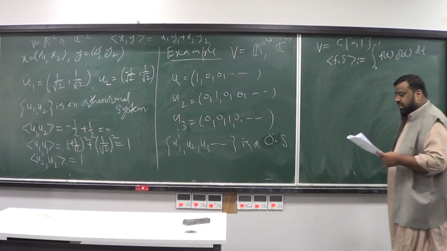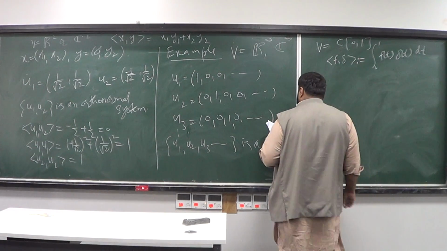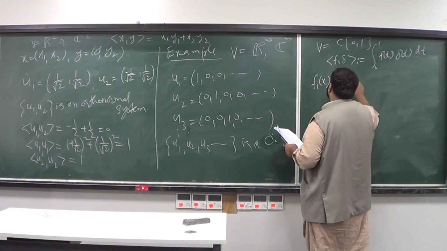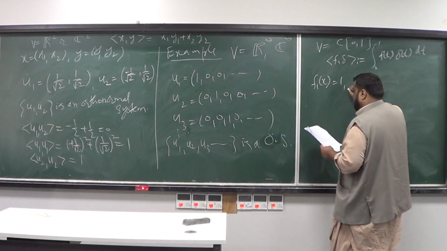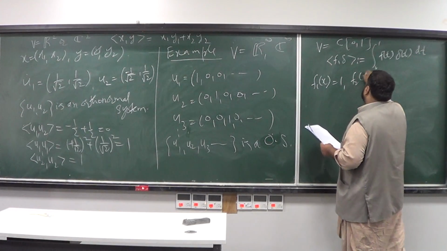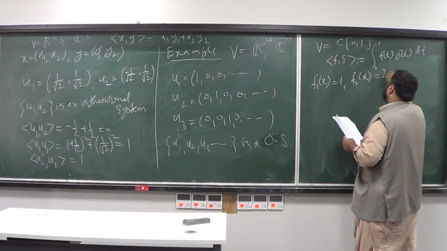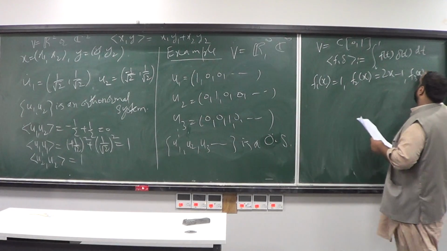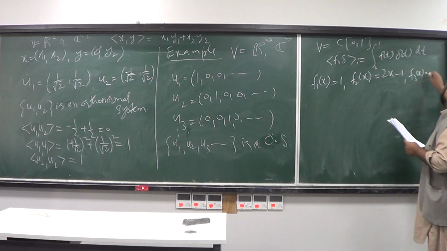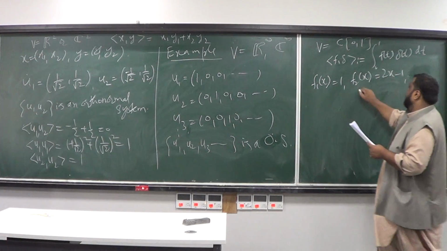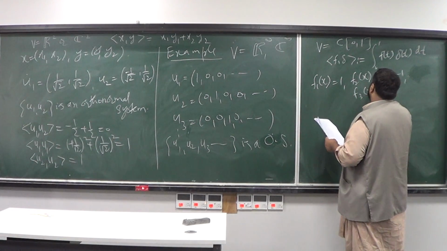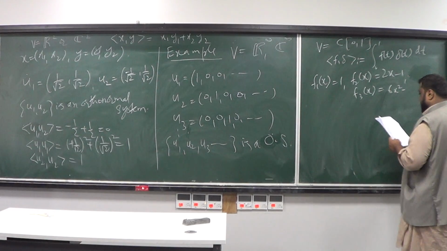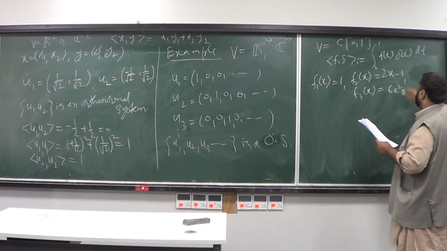So in this, if you take, for example, these three functions, f1 of x equal to 1, f2 of x equal to 2x minus 1, and f3 of x equal to 6x squared minus 6x plus 1.